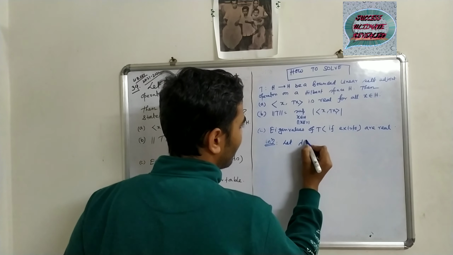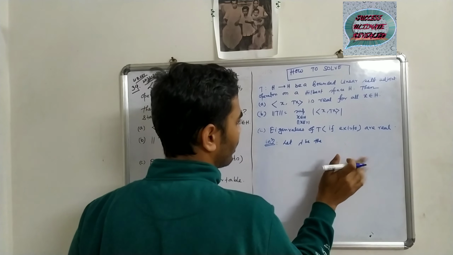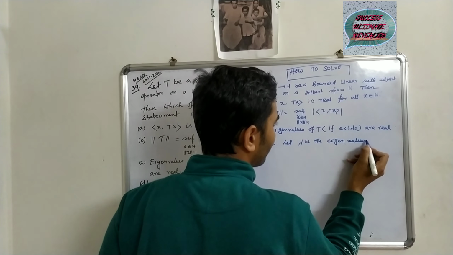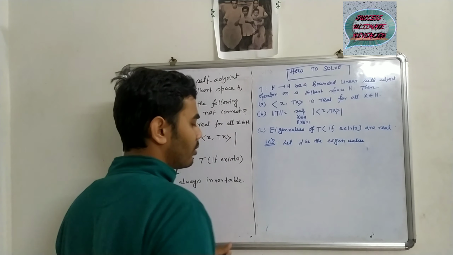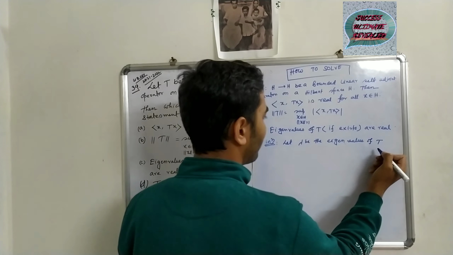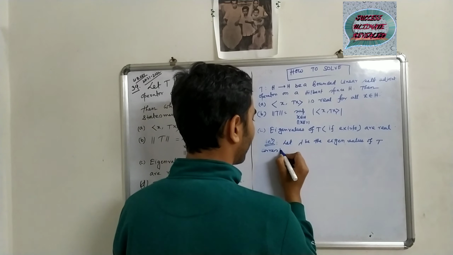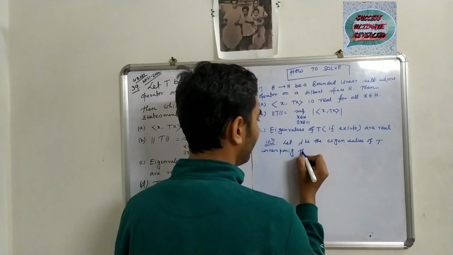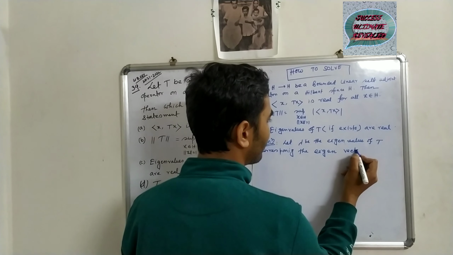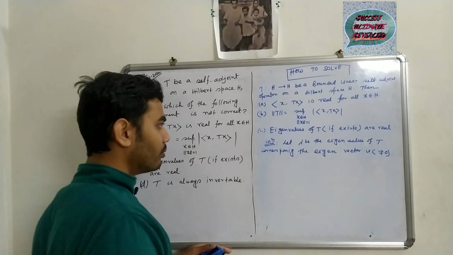Let lambda be an eigenvalue of T corresponding to the eigenvector V, and V is not equal to 0.